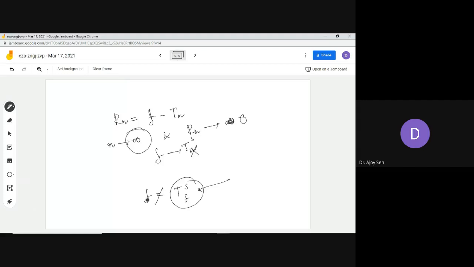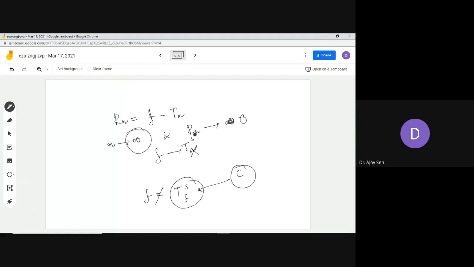This may happen even if this Taylor series is convergent. The function f is not equal to its Taylor series because, as I told you, the remainder term should go to 0. Without the remainder term going to 0, you can't explain or do this kind of thing.